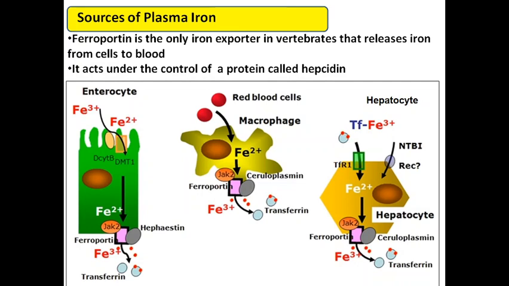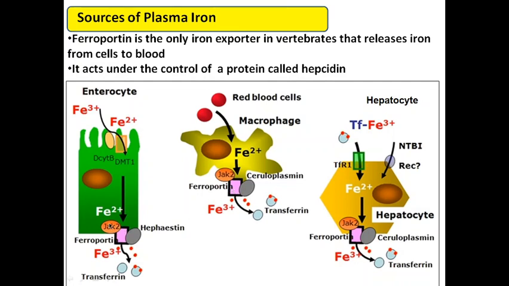So what are the sources of plasma iron? Plasma iron can be absorbed through the enterocytes, mainly the duodenum and the upper part of the small intestine, as we mentioned before, or may be released from the macrophages and hepatocytes. When iron is absorbed from the enterocyte or released from the macrophages or hepatocytes, the iron transporter, the only iron transporter identified in humans, is a protein termed ferroportin.